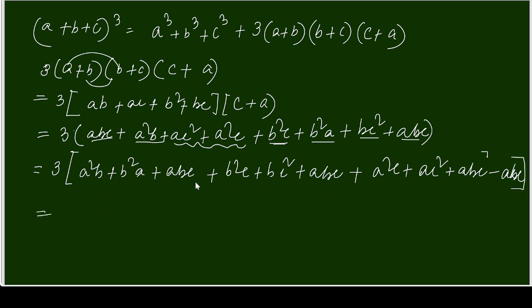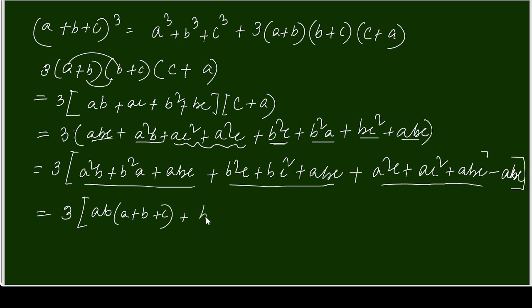Okay, so I added, and out of these three together I'll take something common. Here I am taking AB common, I am getting A plus B plus C. Next, taking common BC, B plus C plus A, and taking AC common, I'll get A plus C plus B, and here minus 3ABC is left.